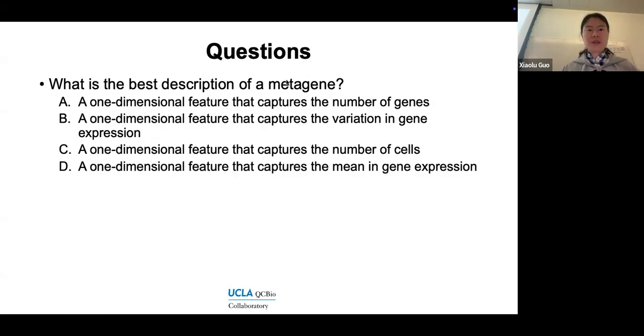Each PC represents a group of genes, and the PC is calculated based on variation. PC1 captures the highest variation on that one dimension, and PC2 captures the second highest variation. So here we should choose the one that captures the variation in gene expression. Okay.